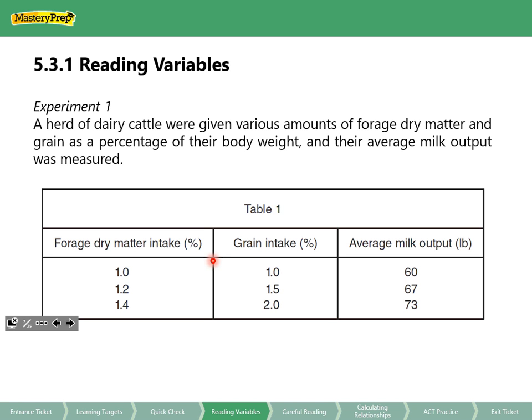So what do we think the relationship between these would be? Right, because when the forage dry matter intake increased from 1 to 1.2 to 1.4 and the grain intake increased from 1 to 1.5 to 2, the average milk output did increase.